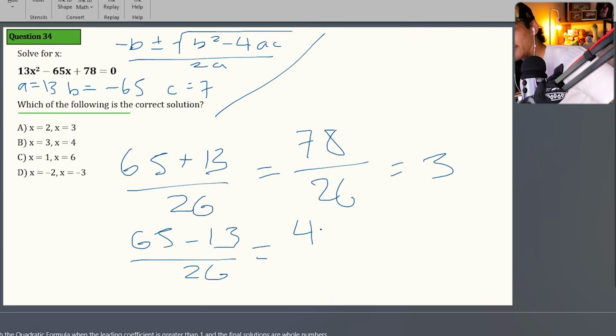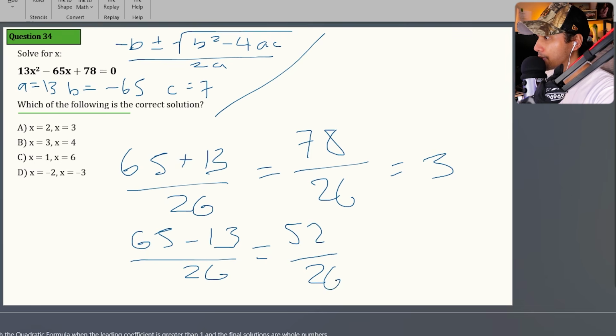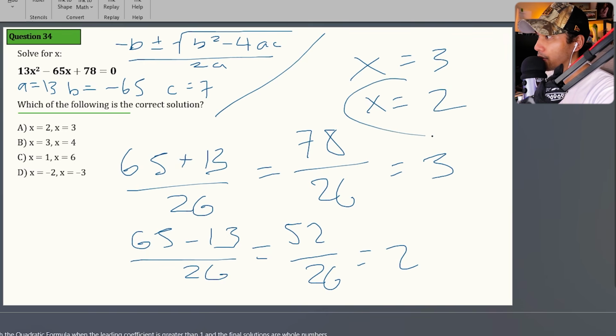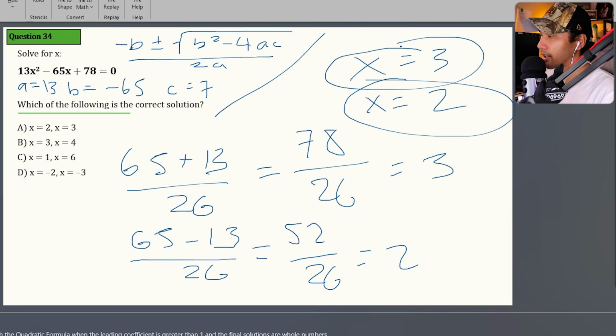No, 52. 52 divided by 26, which equals 2. So we have x equaling 3 or x equaling 2 as our final answers, okay? Which is answer choice A.